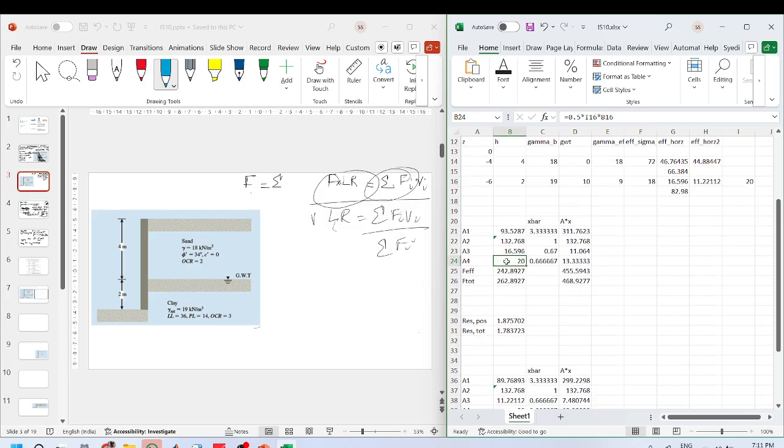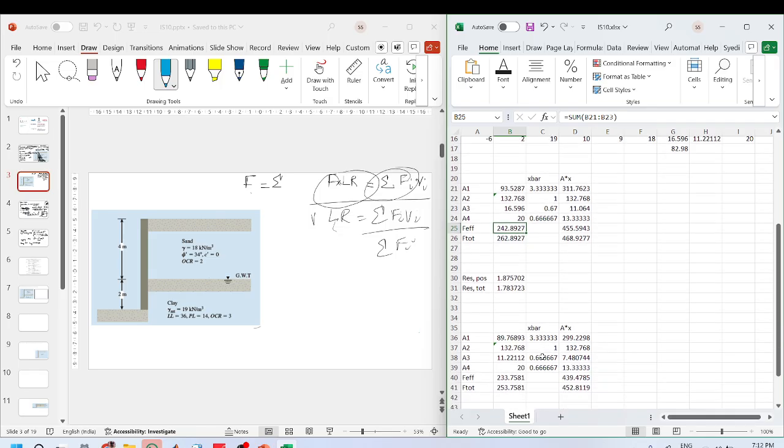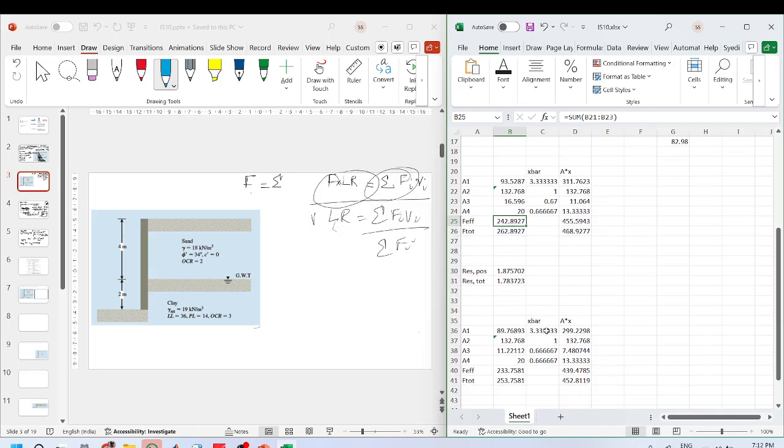It has to be half of base into altitude. And then we have this.